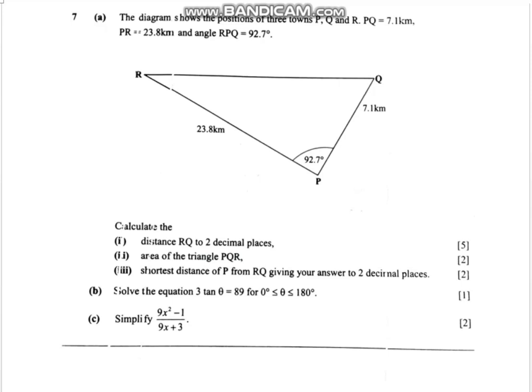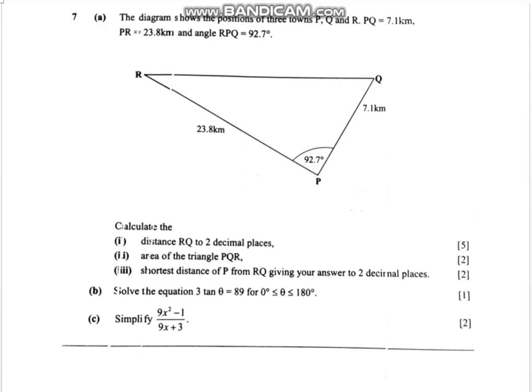So we have one angle and 2 lengths given. And if you notice, RQ, the distance that we want, is opposite to the angle given, which is 92.7 degrees. So for this we are going to use the cosine rule.